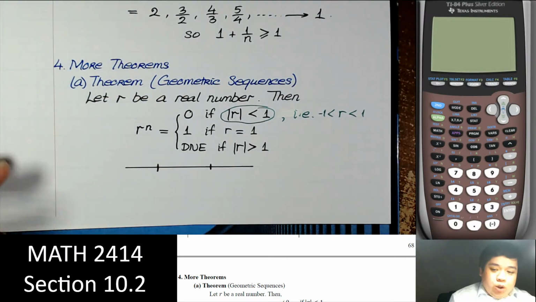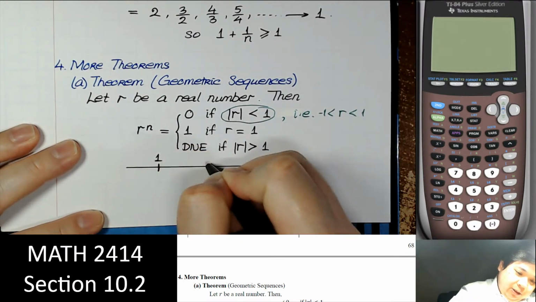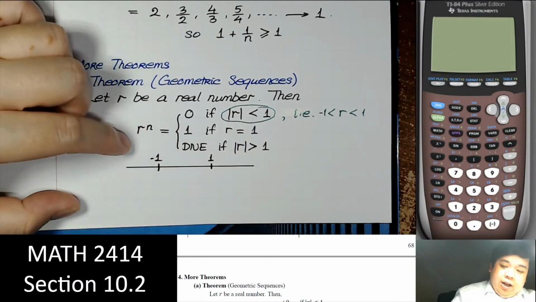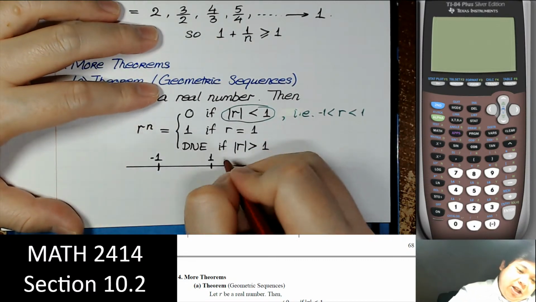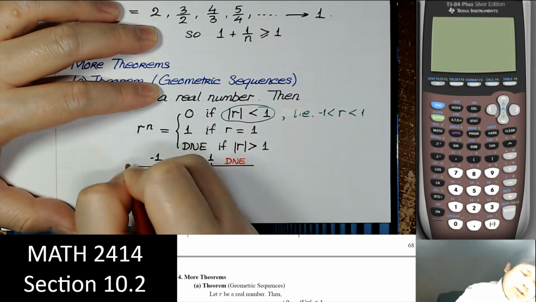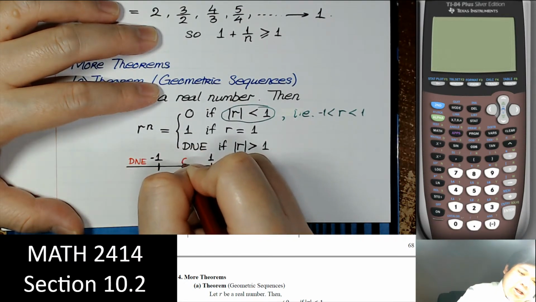So when we have r to the n power, the limit does not exist on the outside, and 0 on the inside.